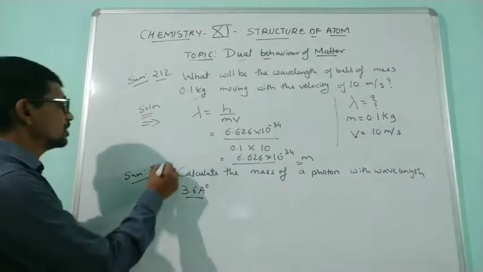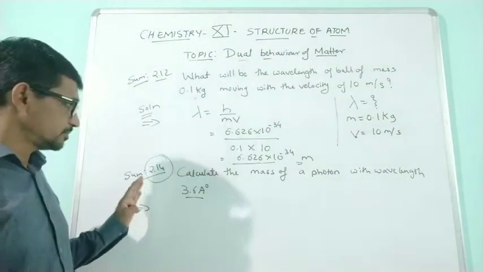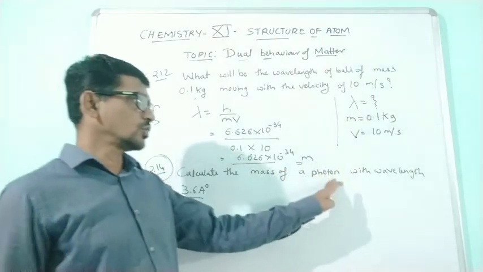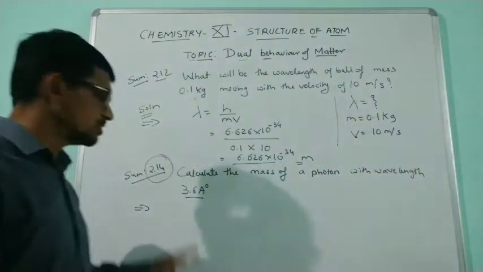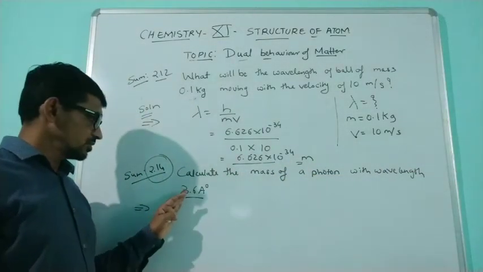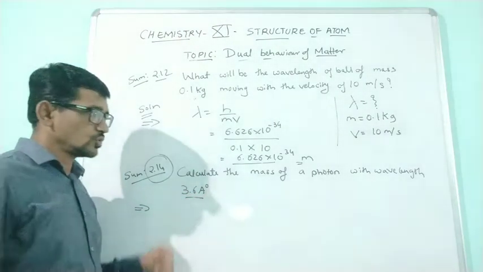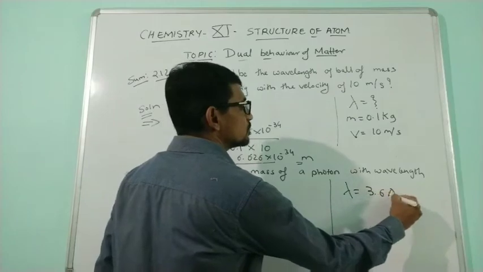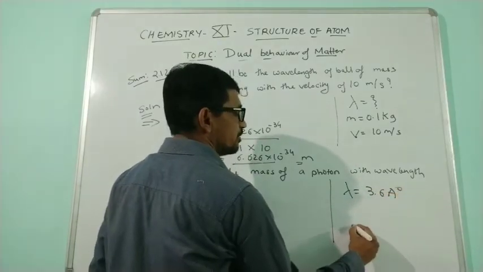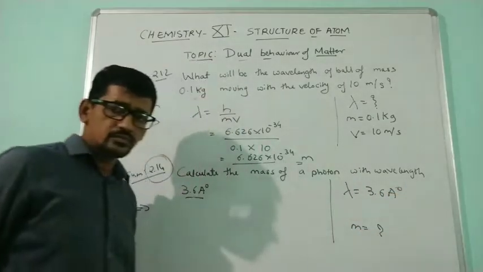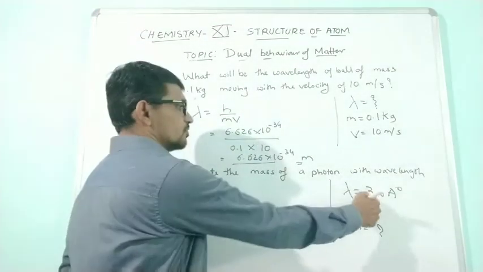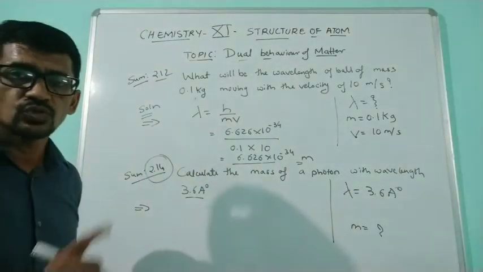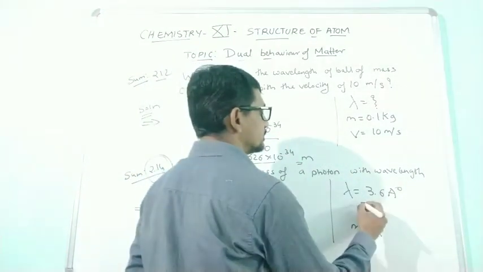Now we discuss sum number 2.14. Calculate the mass of photon with wavelength given as 3.6 angstrom. So λ is given 3.6 angstrom, and mass we have to find. Here the wavelength is given in angstrom, so we will convert into meter.